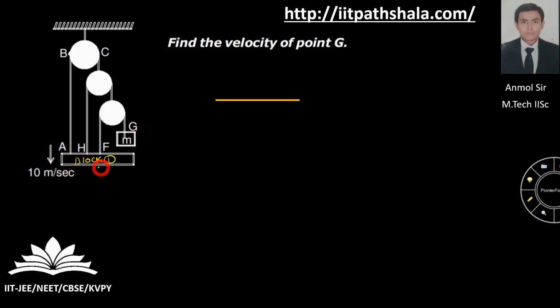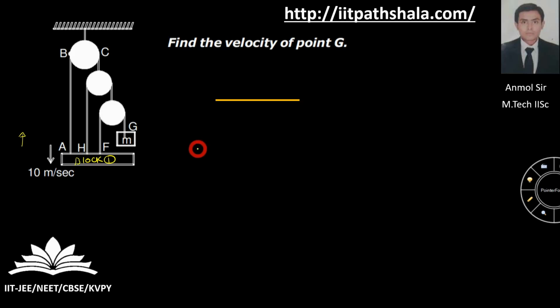If you move block 1 downward with a certain velocity, then block G will move upward with a certain velocity in accordance with block 1. And if you move block 1 in the upward direction with a certain velocity, then block G will move downward with a certain velocity.